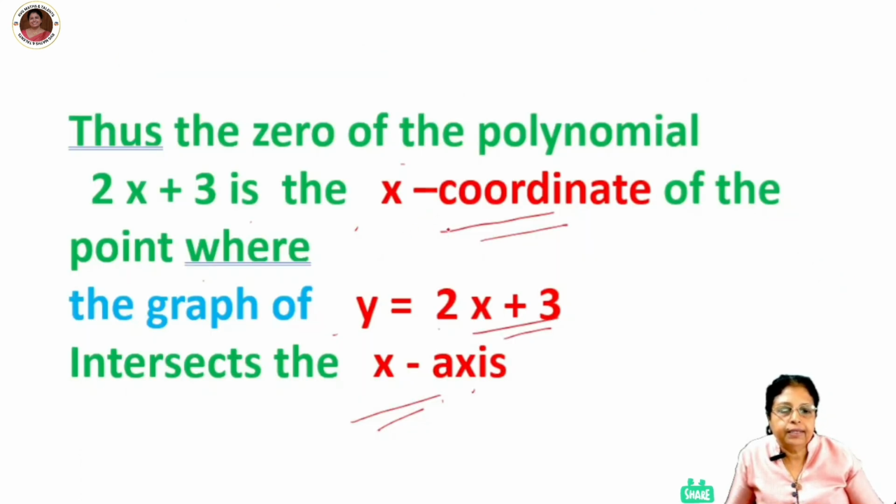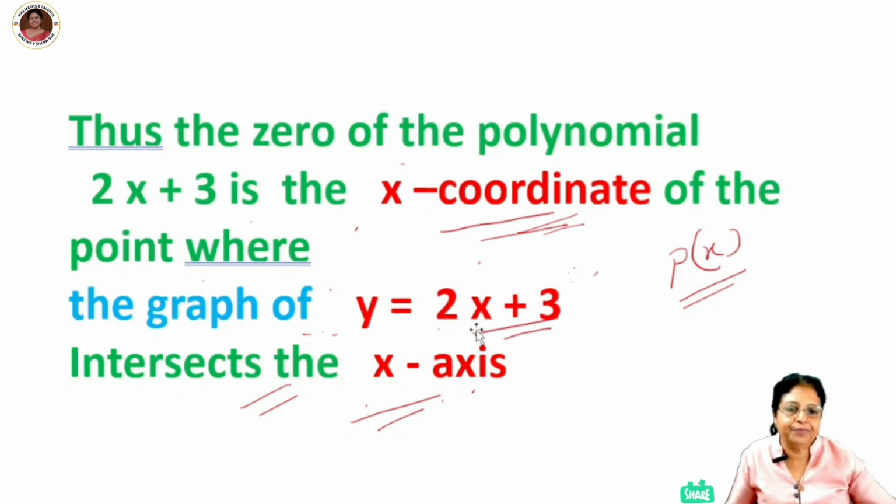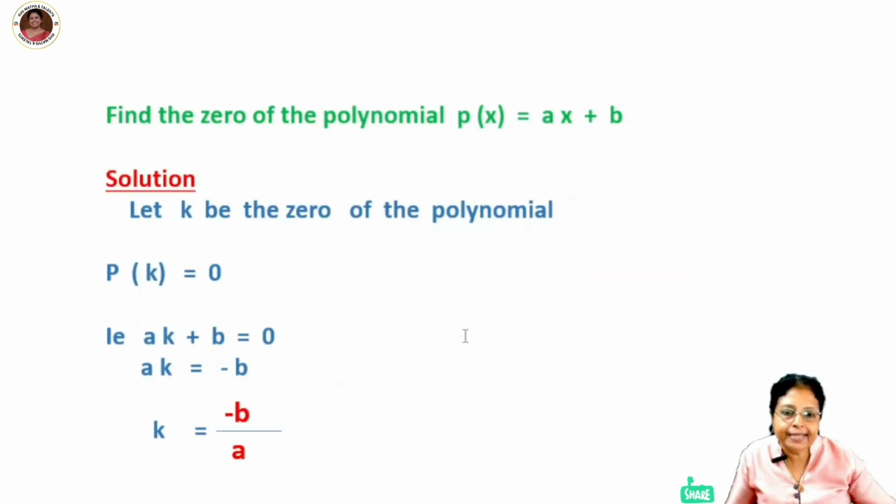So, if you are given a polynomial p of x, then what is the zero of this polynomial? That is the x coordinate of the point where the graph intersects the x-axis. So, that is the geometric meaning of the zero of a polynomial. Okay, let us generalize this.